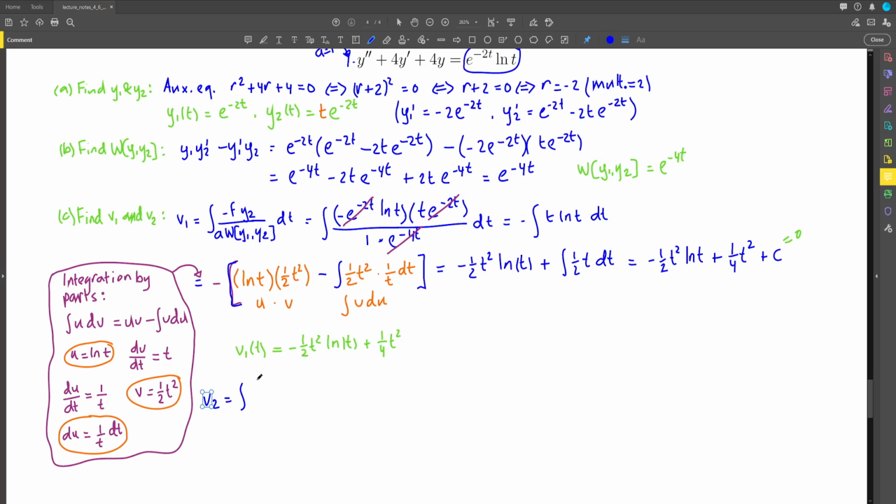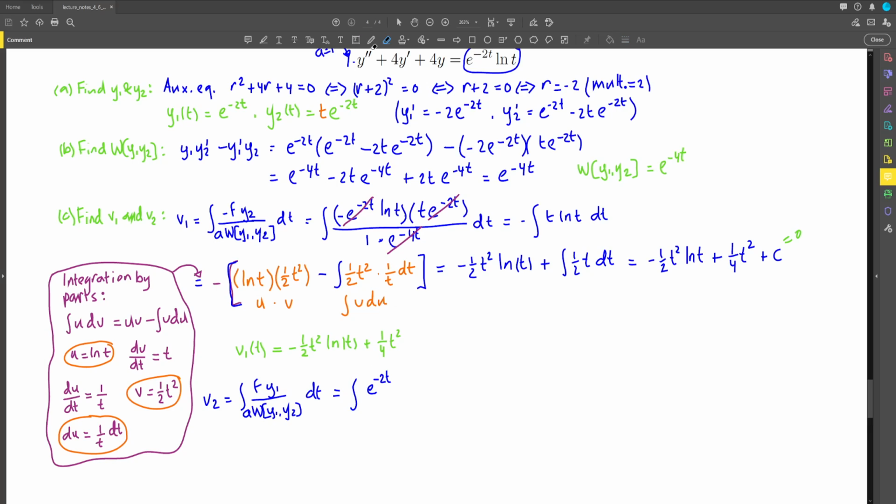v2 equals the integral of f times y1 over a times the Wronskian of y1 and y2. And so that is equal to e to the power negative 2t ln of t, or sorry, not a negative, we don't have a negative.